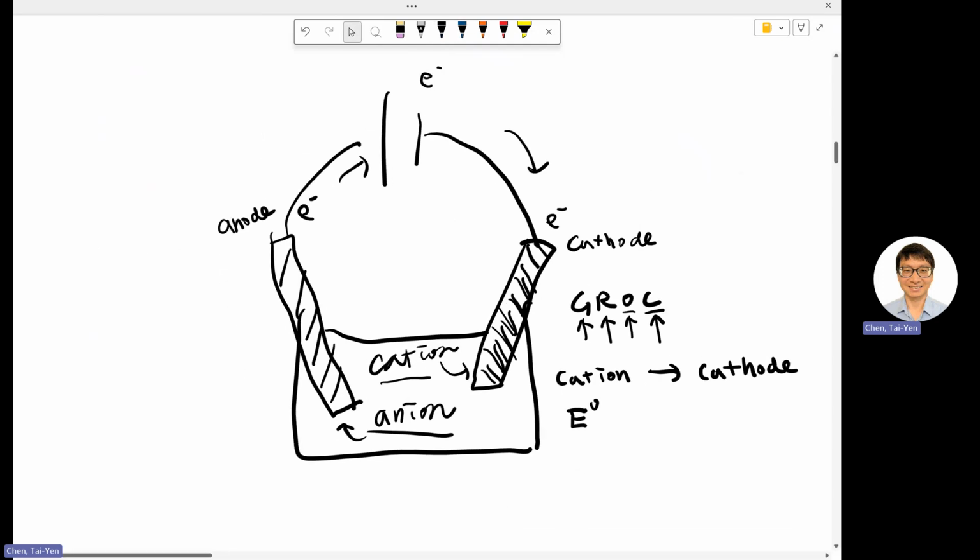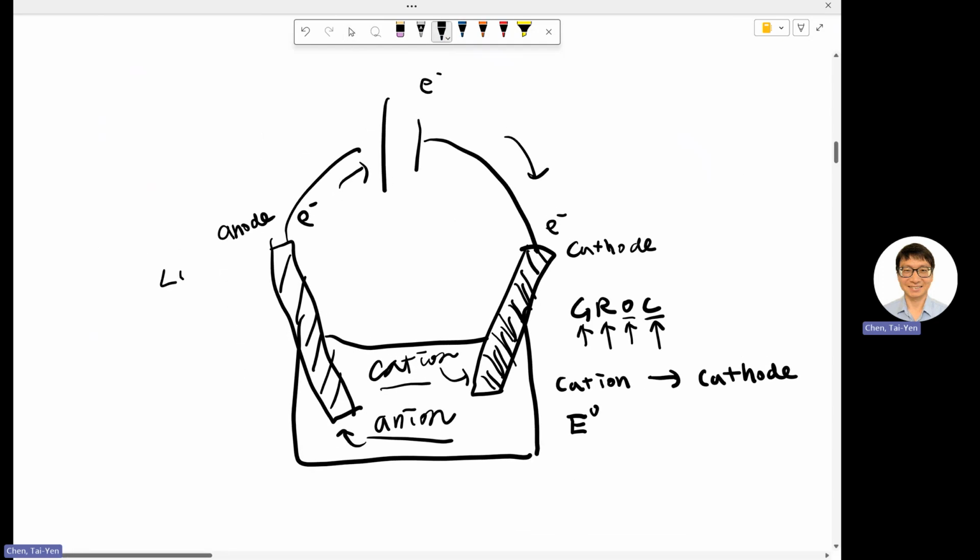Again, at your anode you still have your LEO, right? You lose electrons, you undergo oxidation, and this happens at the anode. With that being said, the potential that's relevant here will be the oxidation potential. So those are the very fundamental things that we should have.